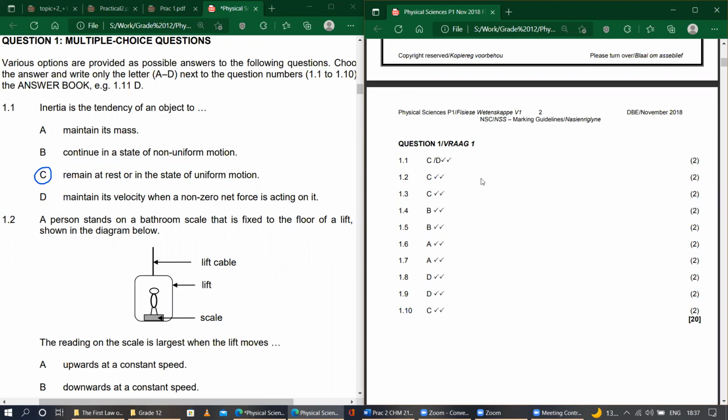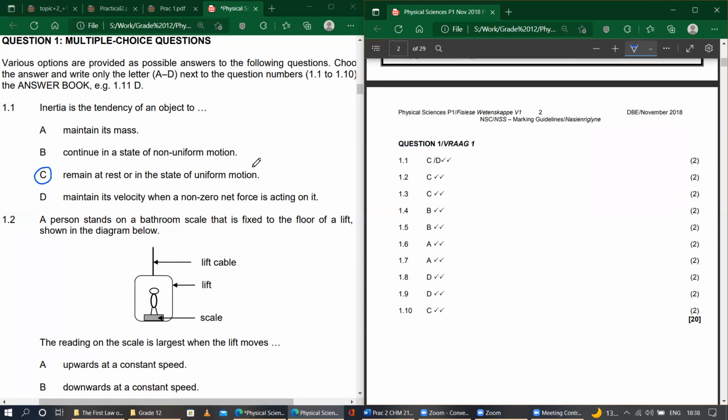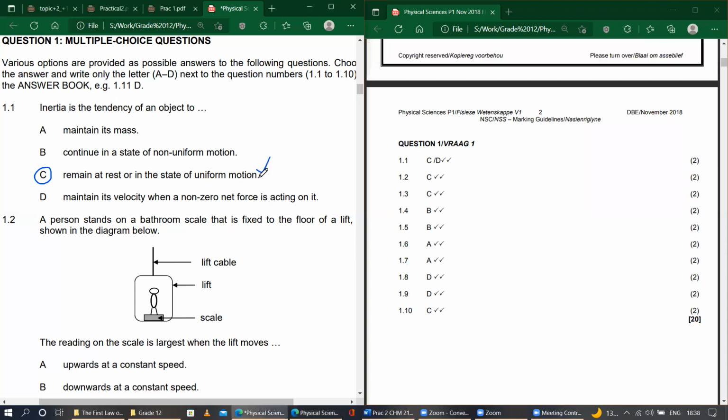When something maintains its velocity, that means the velocity is kept constant. It doesn't accelerate, so there's no change in it. So from this, I can say, yeah, that's nice.